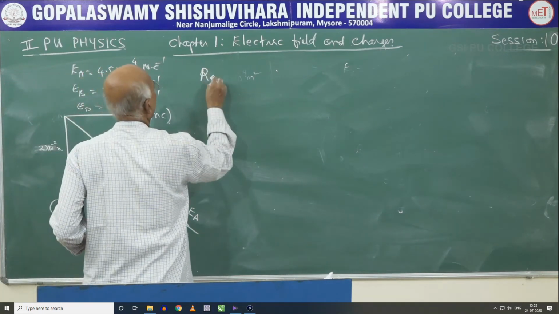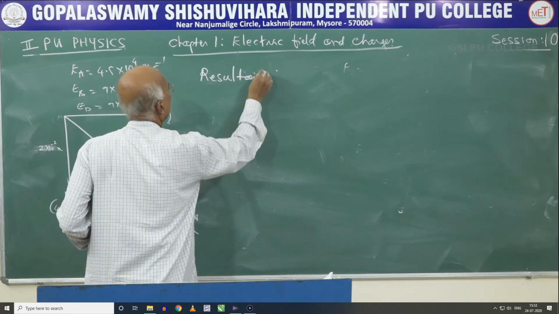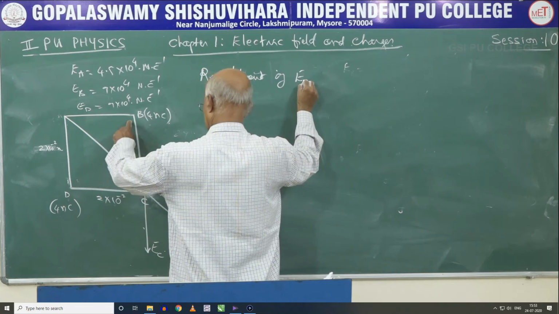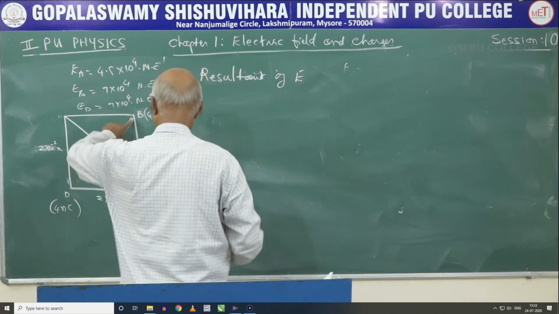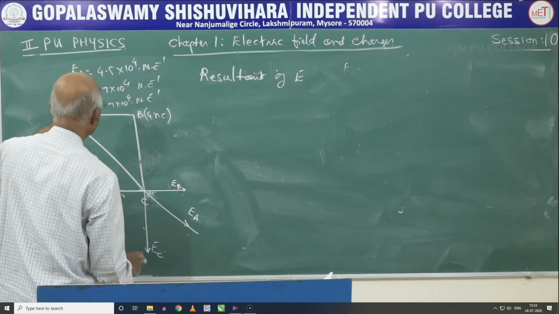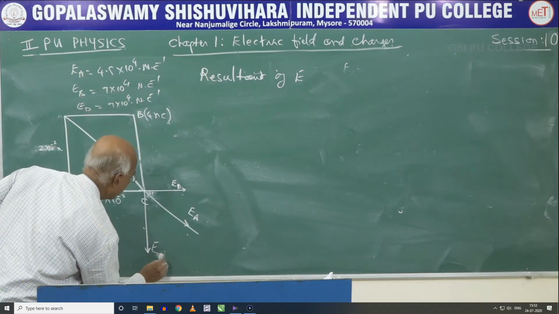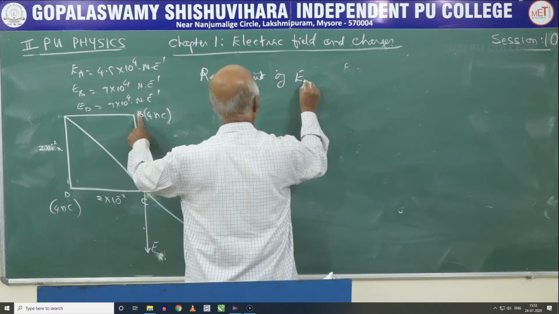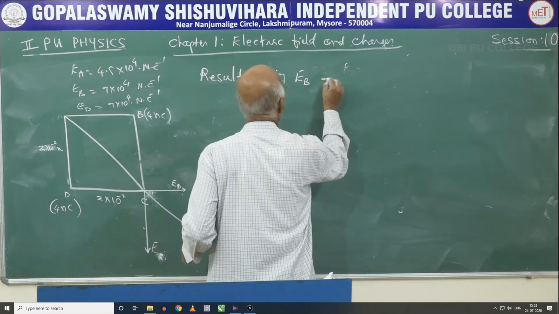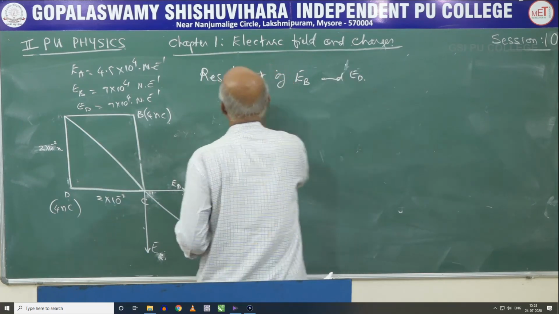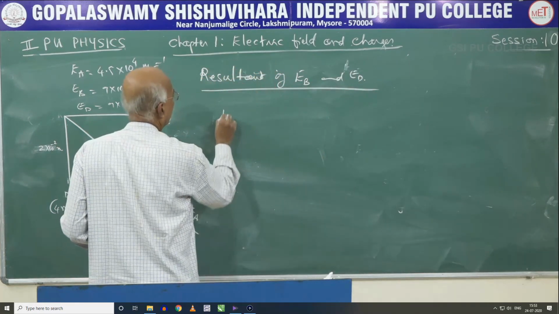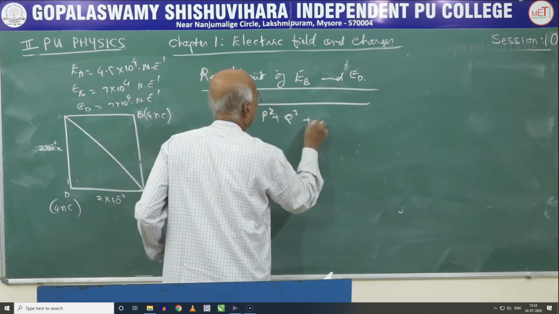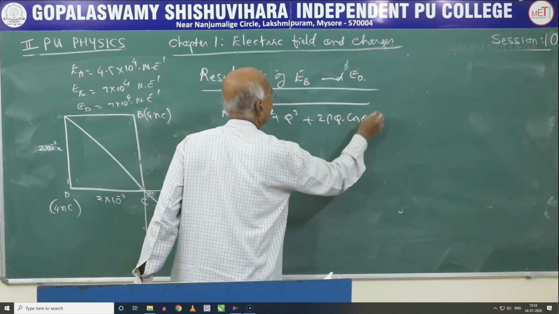Resultant of EB and ED. Now we know that R is equal to root of P square plus Q square plus 2PQ cos theta.